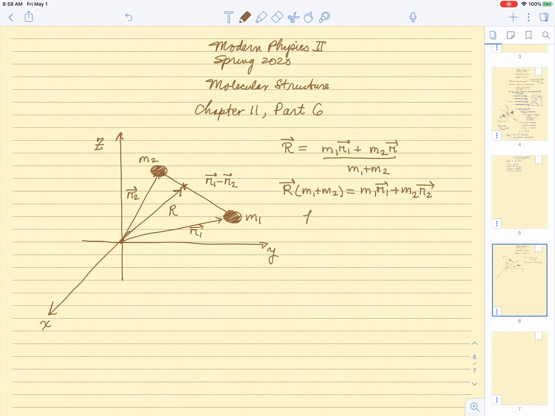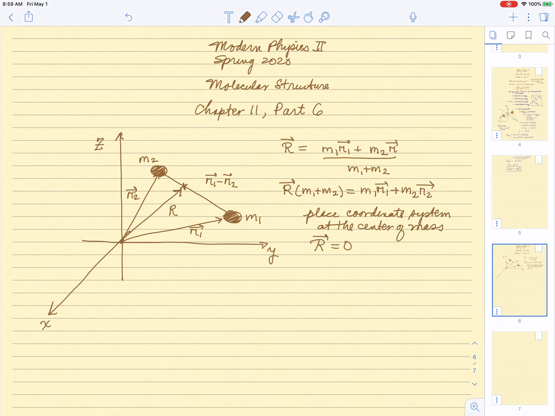Now, if the coordinate system is placed at the center of mass, right? So if I place the coordinate system at the center of mass, then R is equal to 0, and that's where your book is starting its derivation from.